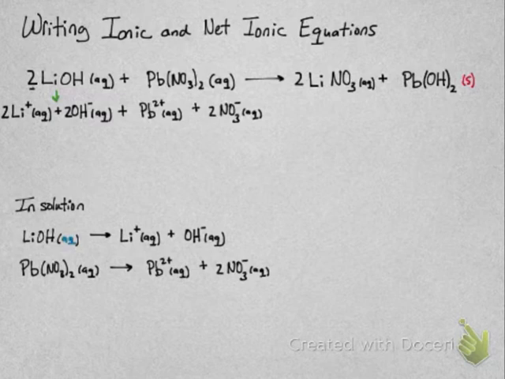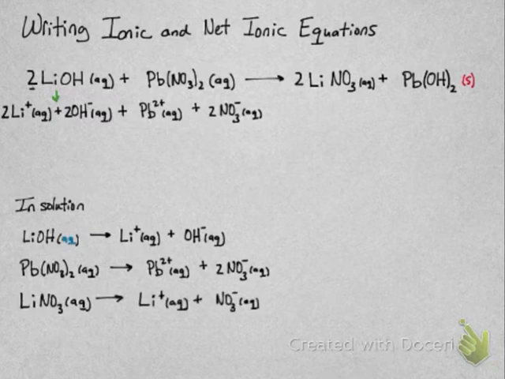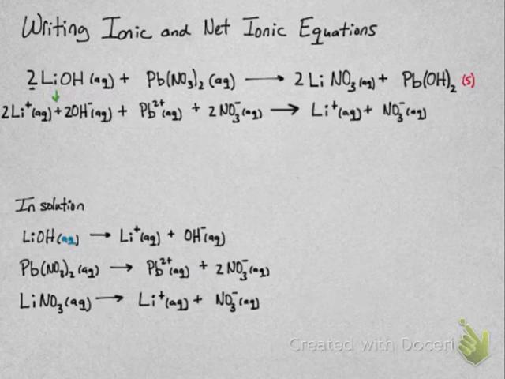Now, one of the products is soluble, the lithium nitrate. And since it is a soluble salt, it can be represented as the free ions, and so we'll transform that up into the equation above, lithium and nitrate.